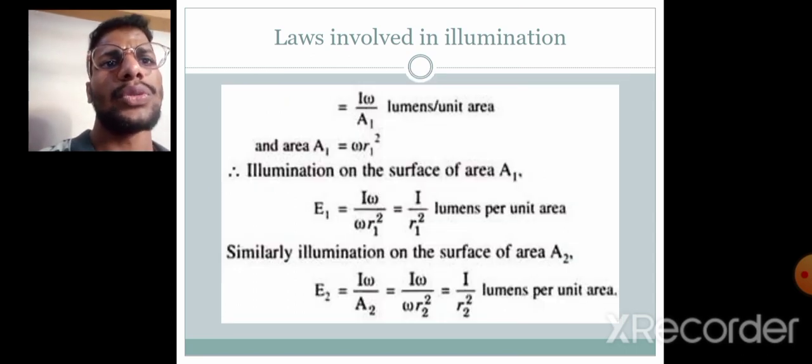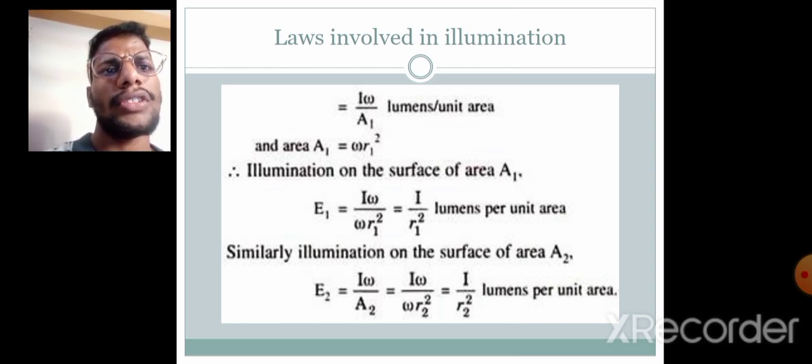Coming to illumination, I omega is the flux in lumens on area A1, where A1 equals omega into r1 square. The illumination of the surface of area A1 is E1 equals I omega by A1, which equals I by r1 square, lumens per unit area.